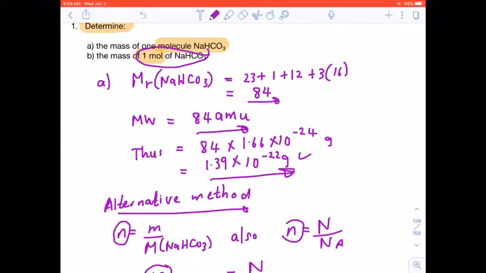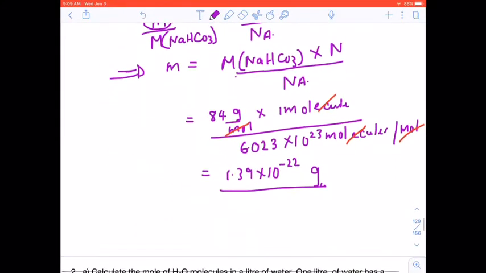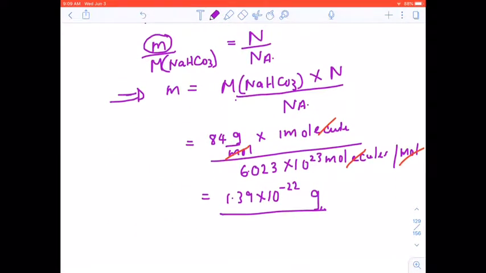So this is already there. 1 mole of the substance would be equal to 84 grams, since M of NaHCO3 is a molar mass, so the mass of 1 mole of the substance is 84 grams.